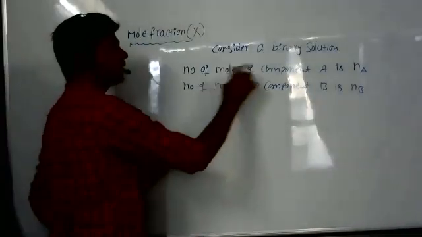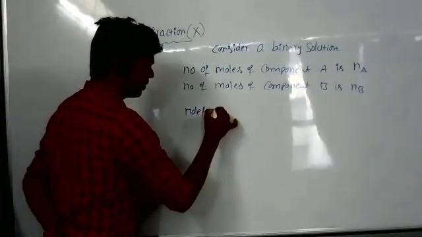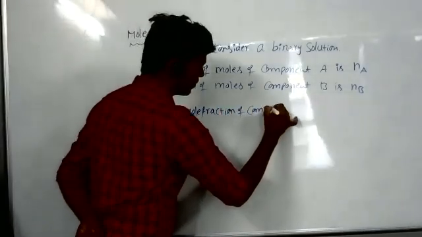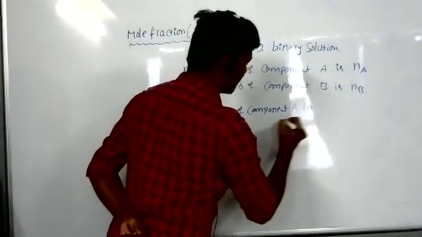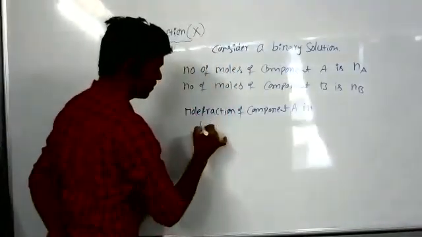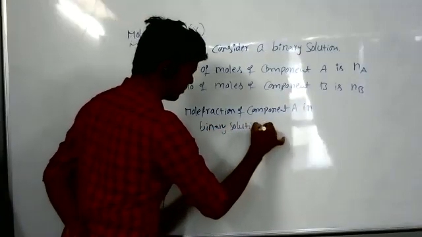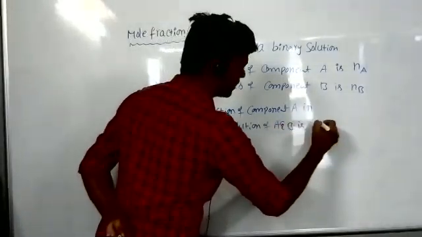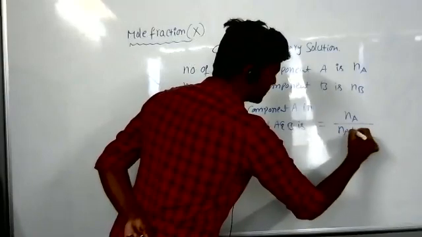Now we need the mole fraction of component A. Mole fraction of component A in a binary solution of A and B is Na by Na plus Nb.